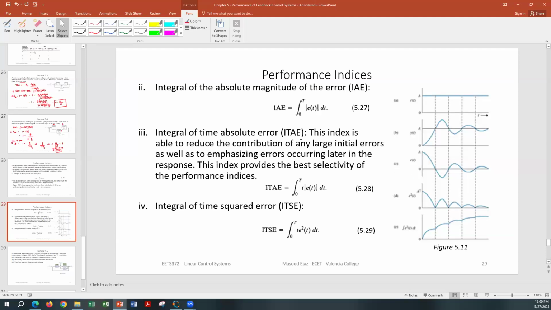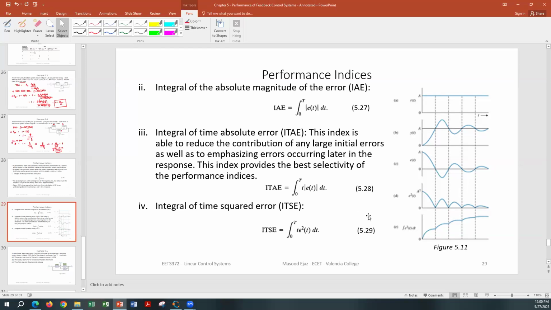Many times it is not easy to calculate the integral, of course, unless you use MATLAB or calculators and stuff. In MATLAB, there is an integral function. Anybody remember that? Whoever took the power electronics must have used it, the integral function. If you took it with me, we used the integral function. I think it's integral, but you have to set it up in a specific way, and I forgot how to do that.